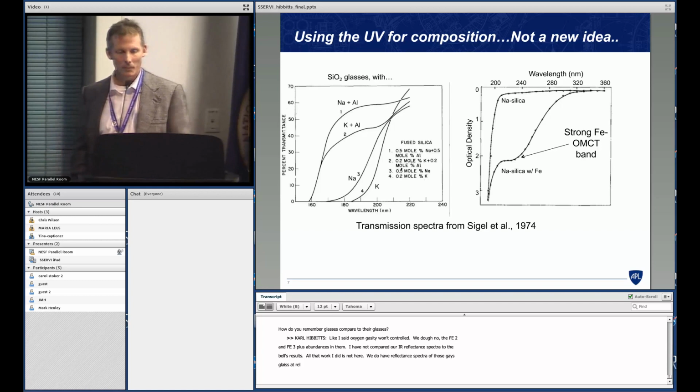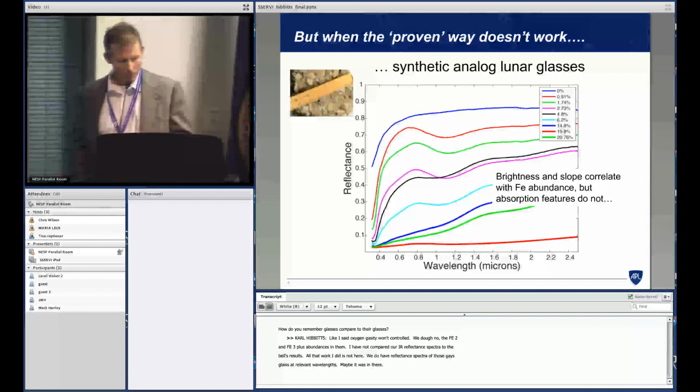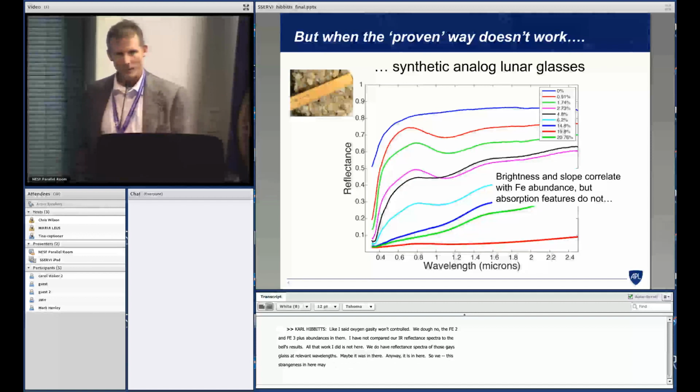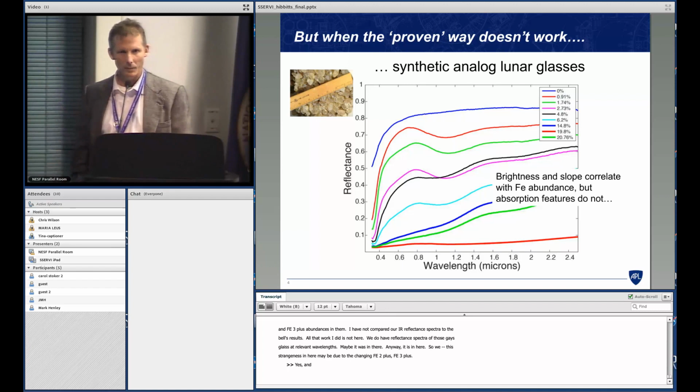Or maybe it was in there. Anyway, no, it is in here. So this strangeness in here may be due to the changing Fe2+, Fe3+. Yeah, and they showed that very nicely. Okay. So it'd be worth it. Point taken, yes.